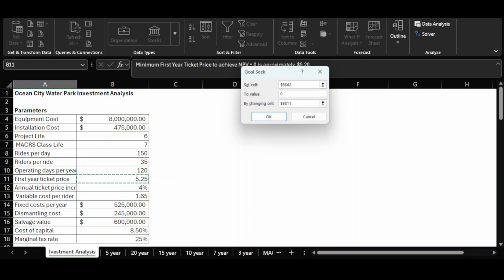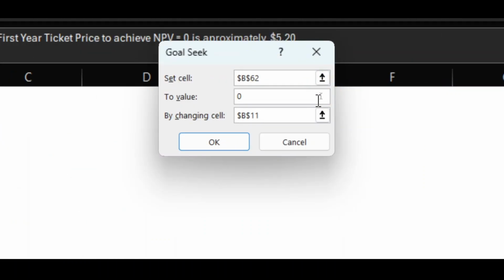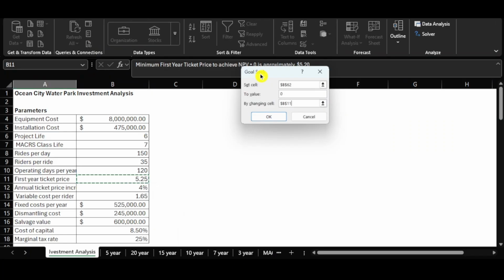Now you hit the expand button, and you see now a complete setup right here. After doing that, you can hit OK. It will change the values in cells B62 and B11 accordingly to satisfy 0 in NPV, in B62.